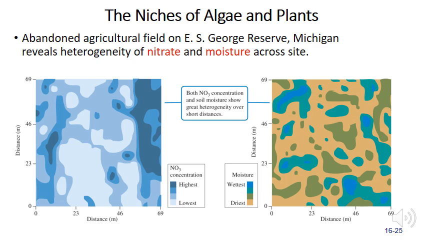If you compare those two maps, you see very little overlap or similarity between them. So you can layer those two and get an almost endless combination of nitrate and moisture availabilities. And it's this level of heterogeneity that drives huge diversity in plant species.